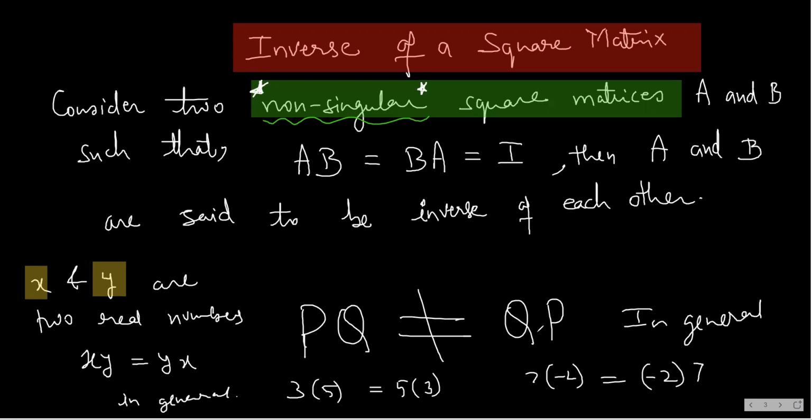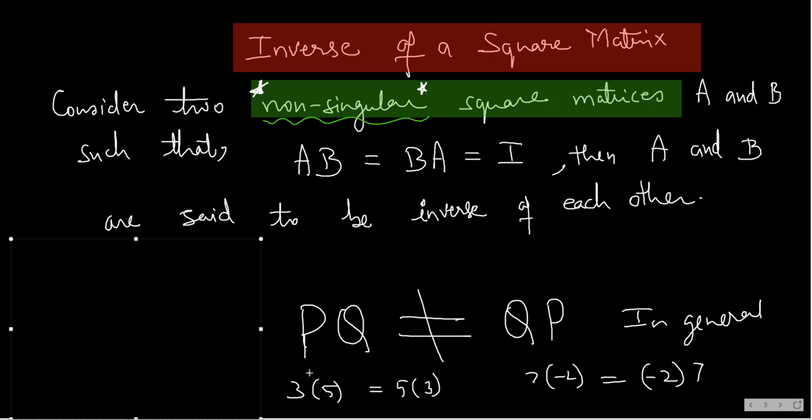The number multiplication is always equal even if the order changed. But in matrices, it is not so. In matrices, it is not always equal.